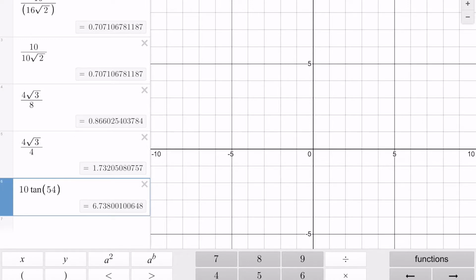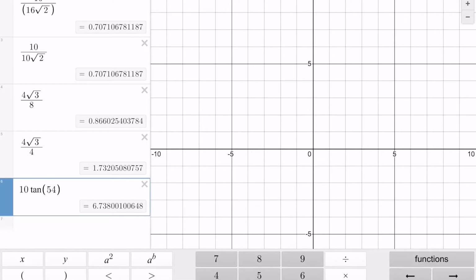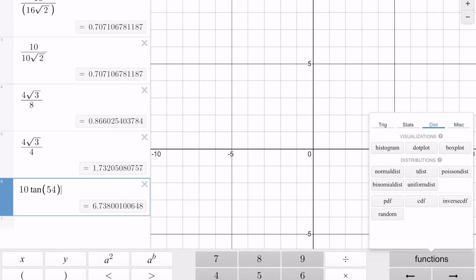And the most important part is knowing whether or not we are in degree mode or in radian mode. Does this calculator, let's see, do we have stats, miscellaneous? I don't know where the setting is for Desmos on here.